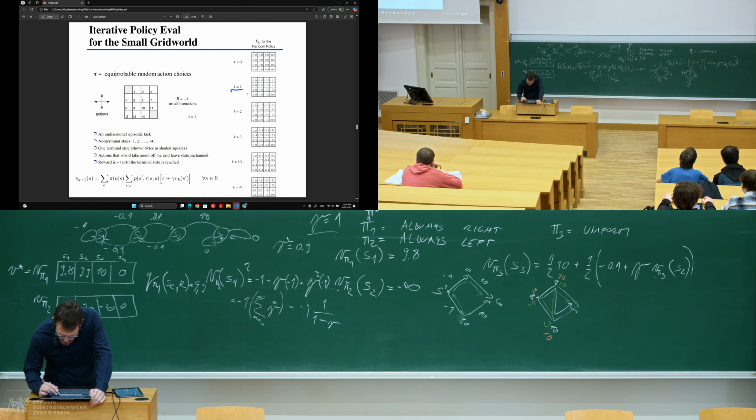And then for k=1, for the first value function, we will look at this cell, right? What actions can we do? We can go up, right, left, and down. For each action, let's say it's deterministic, so we will just move to the following state.